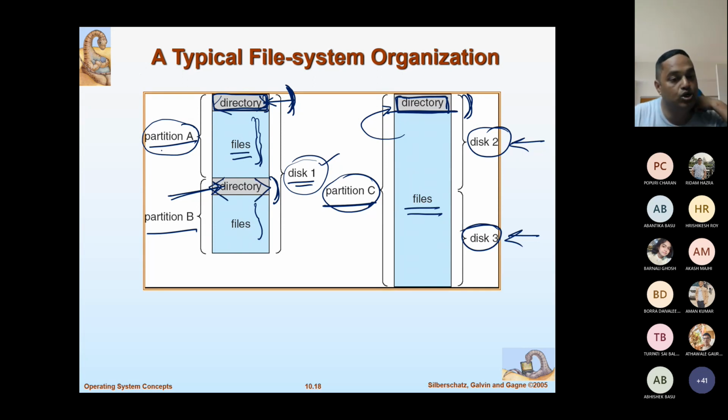You are not able to access this directory, but your files will be as they are. So you have a book, maybe the Galvin operating system book, or maybe the Silberschatz database book.